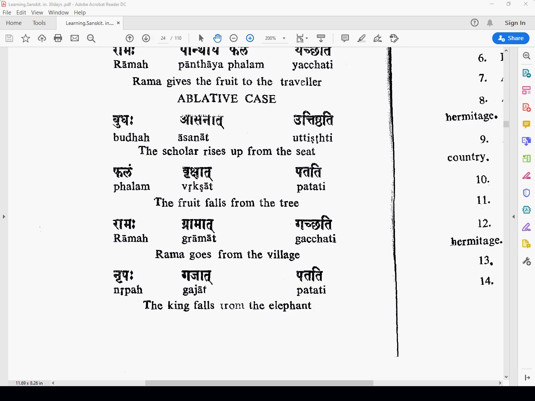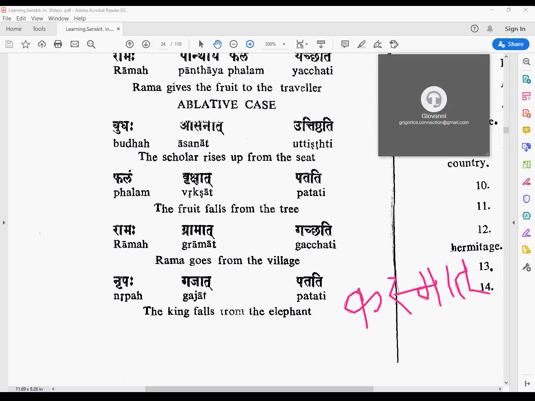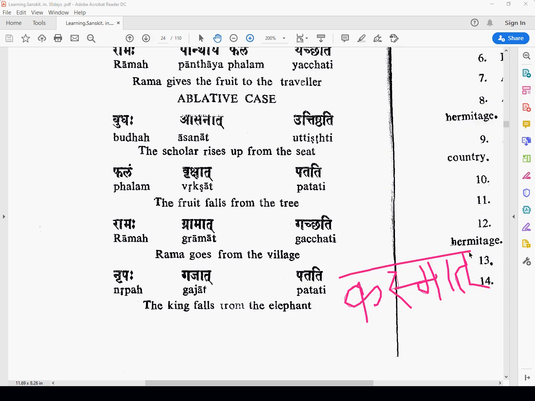The question would be Buddha kasmat uttishtati. If you want to ask the question, the word is kasmat here. Is there any other question word like we had for the fourth case? There is another form of question word, but we'll see it a little bit later.